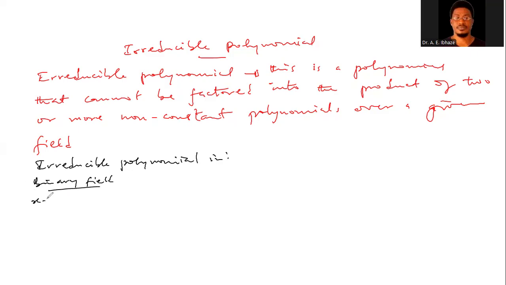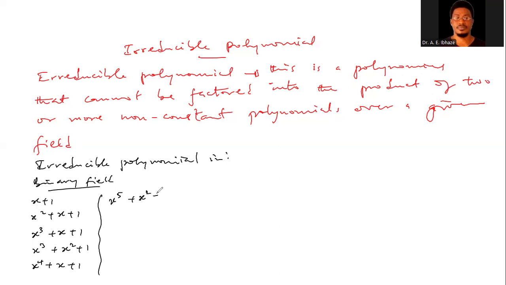So we have x plus 1, we have x squared plus x plus 1, we have x cubed plus x plus 1, we have x cubed plus x squared plus 1, we have x to the 4 plus x plus 1, we have x to the 5 plus x squared plus 1, we have x to the 5 plus x cubed plus 1, and we have x to the 6 plus x plus 1. Okay? Now, what about the ternary field?